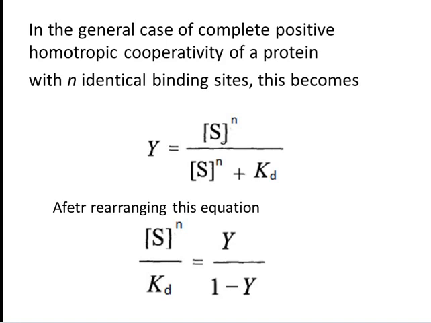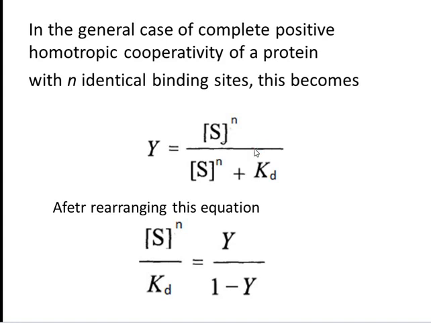We know Y is equal to concentration of S raised to power n divided by concentration of S raised to power n plus Kd. Now, by rearranging this equation, we will get Y into concentration of S raised to power n plus Y into Kd, which is equal to concentration of S raised to power n. Again, by rearranging, we will get concentration of S raised to power n minus Y into concentration of S raised to power n is equal to Y into Kd.